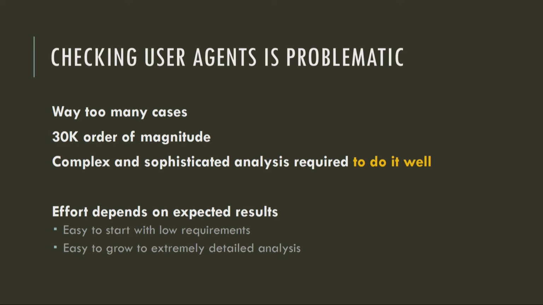And checking the user agent is problematic because of the totally unpredictable nature of those strings. There are way too many cases. I would say in the order today of 30K, maybe more.